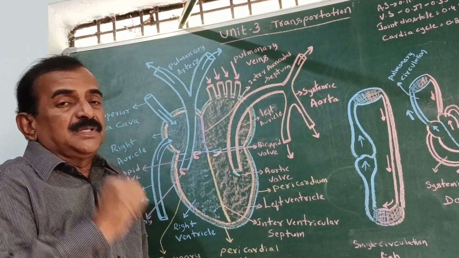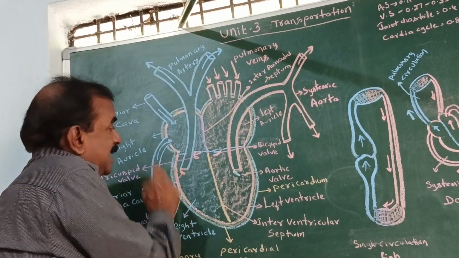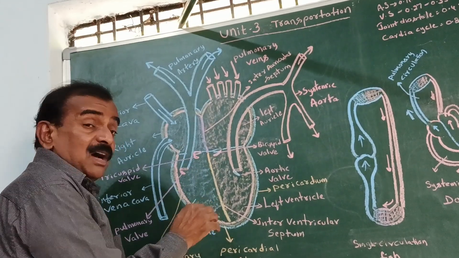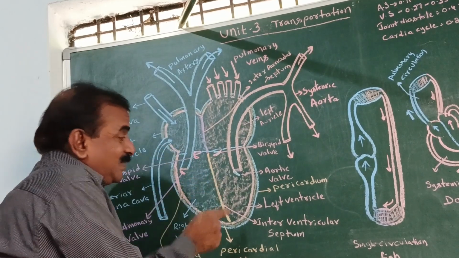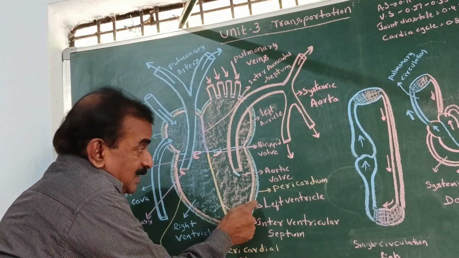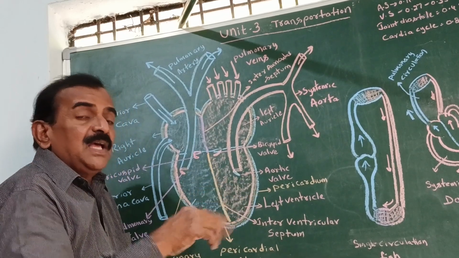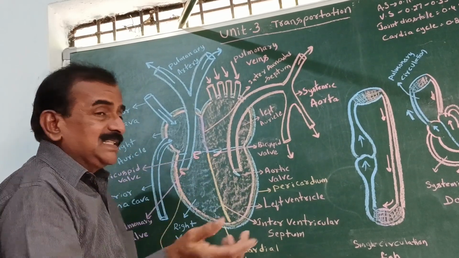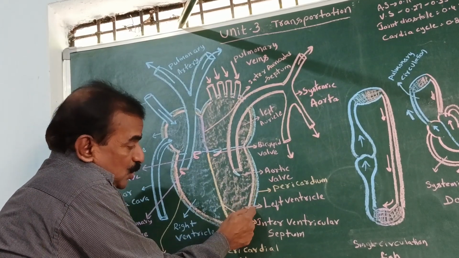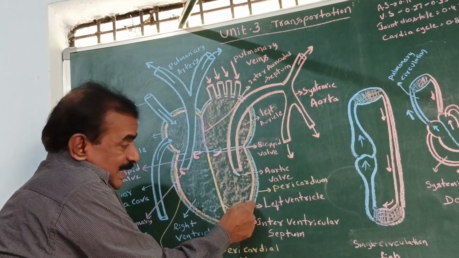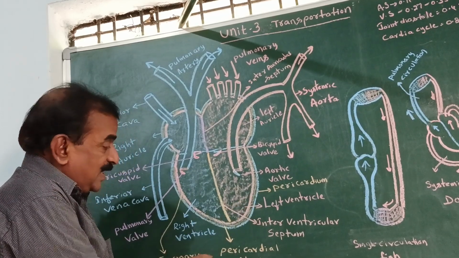The heart is pear shaped, made up of muscles, and protected by a double membrane structure called pleura. Sorry, this is called the pericardium. The heart is protected by a double membranous layer called the pericardium. These are called pericardial layers, and in between the pericardial layers we can see the presence of what?